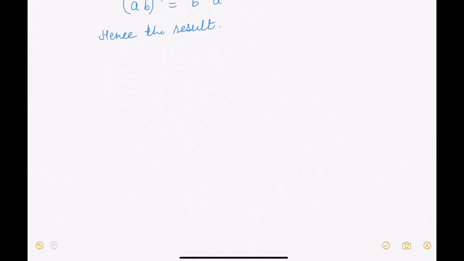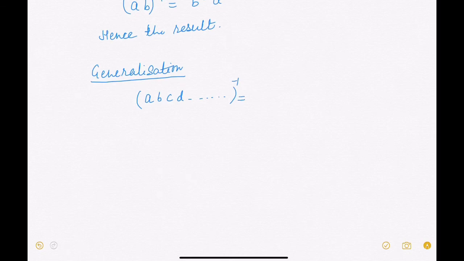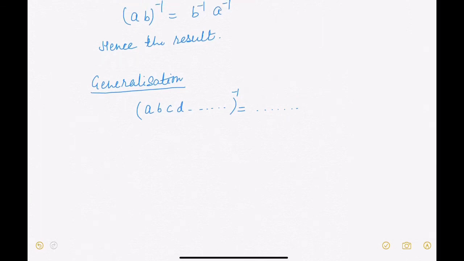We may generalize this result. The generalization is that if we take A, B, C, D, the product of any number of elements, and take their inverse, then we obtain the inverses of the elements in the order D inverse, C inverse, B inverse, and A inverse.